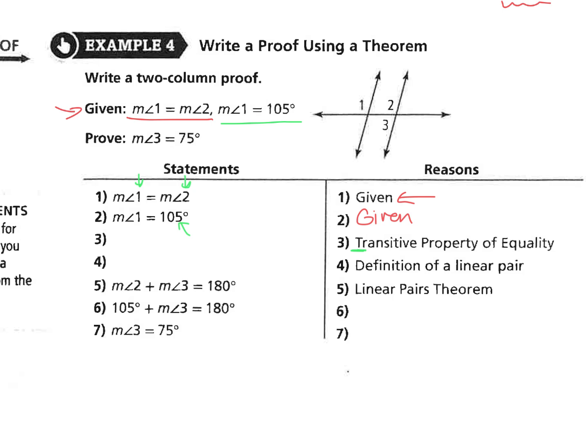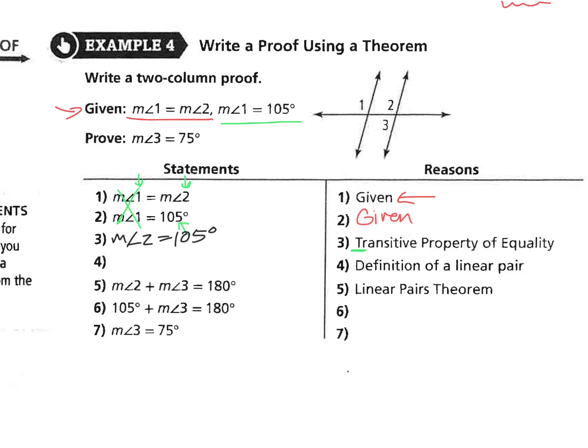So transitive property says we take that 1 out of the three things, and now I can write the measure of angle 2 is equal to 105. We've basically substituted angle 2 for angle 1. Transitive and substitution are really the same; transitive just involves three things.